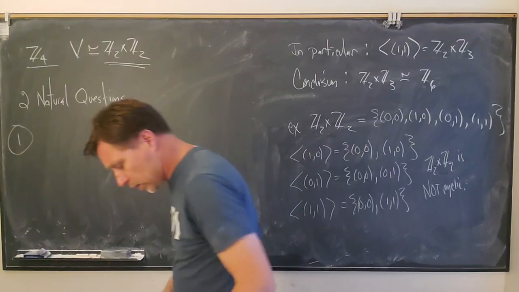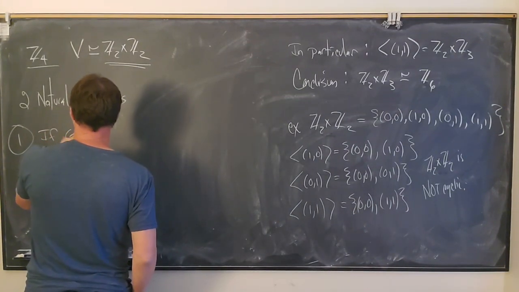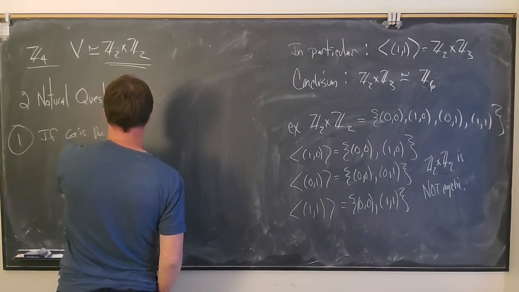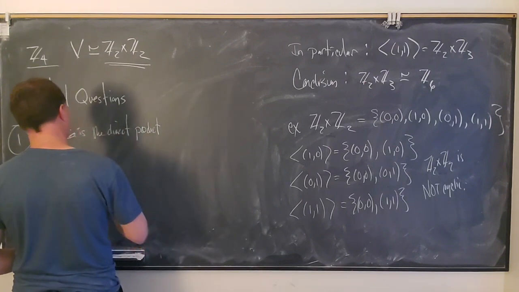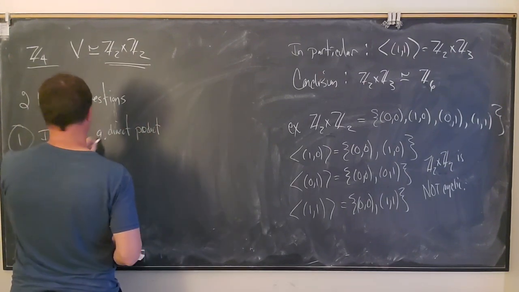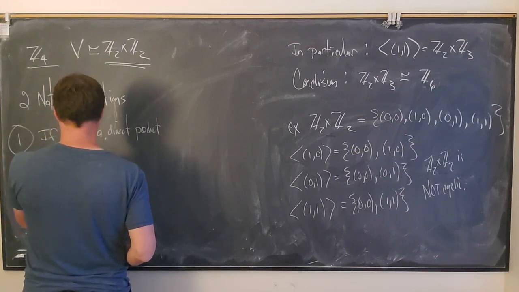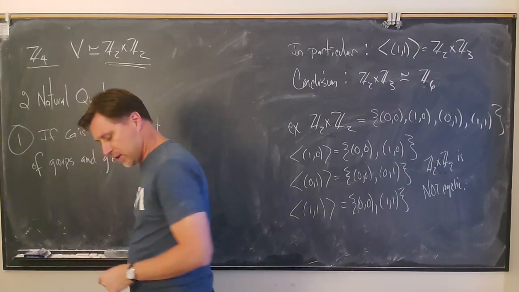And so one question would go like this. If G is a direct product of groups, and little g is in capital G, how do you find the order of that element?